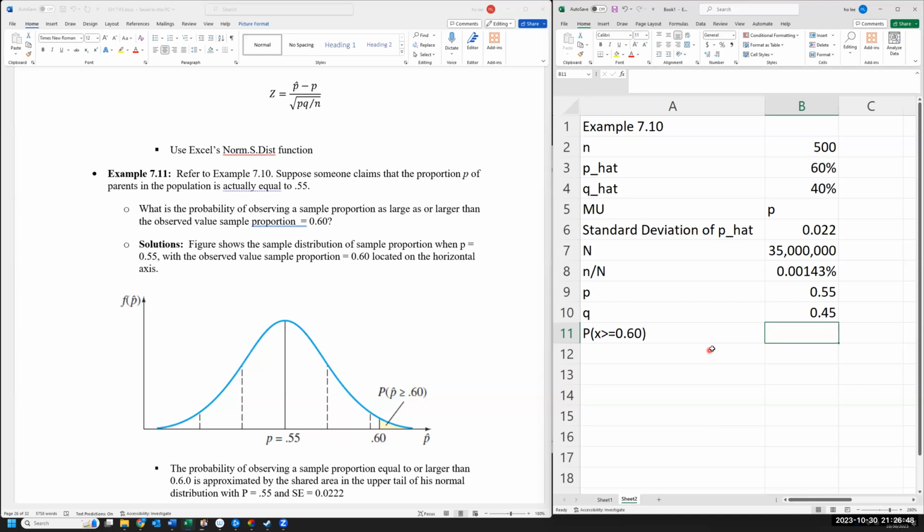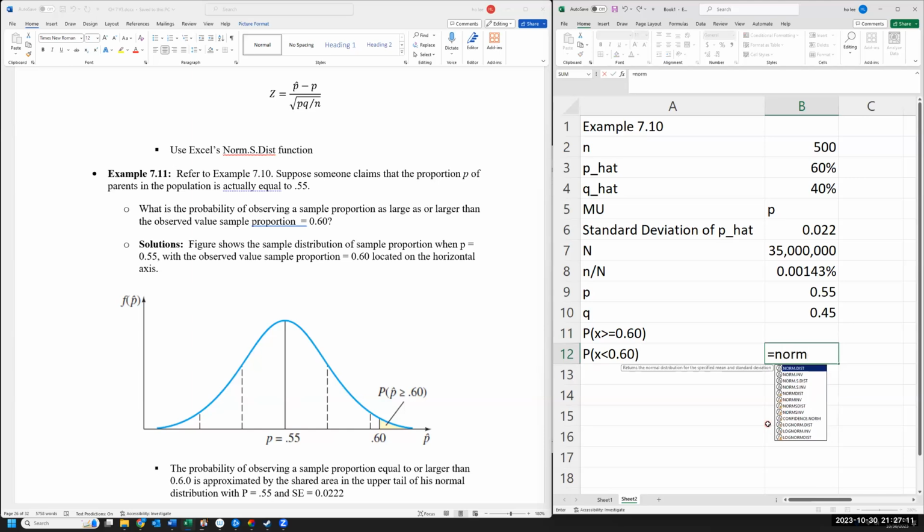In order for us to calculate that probability, we know this is normally distributed. So we need to first find X that is less than 0.60. And then we subtract that from 1 to calculate the area of the shaded region.